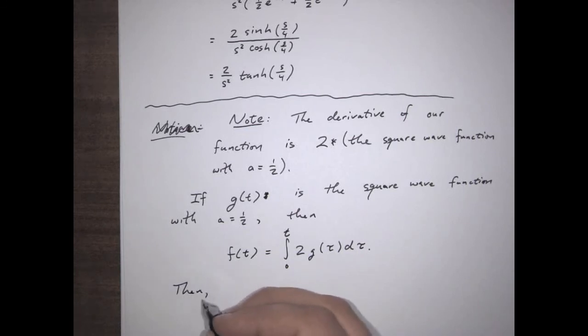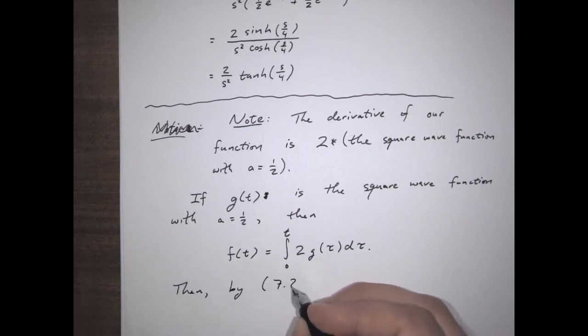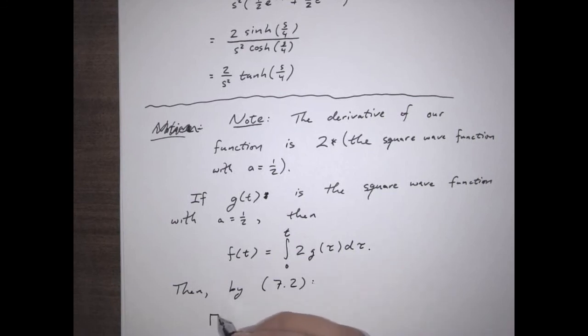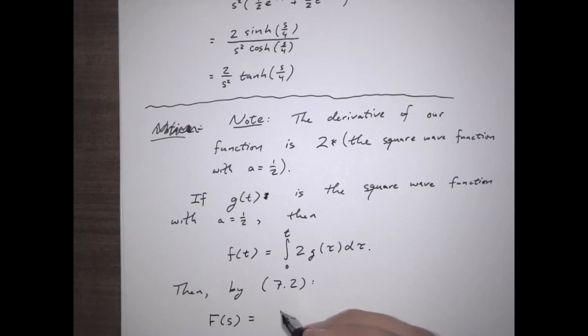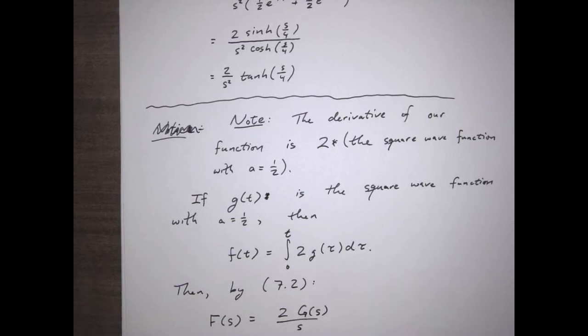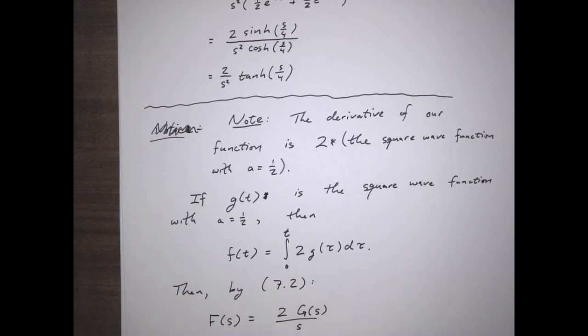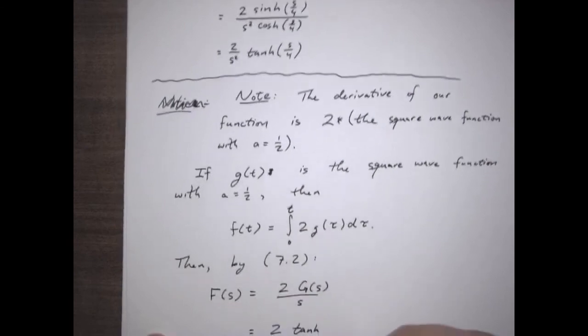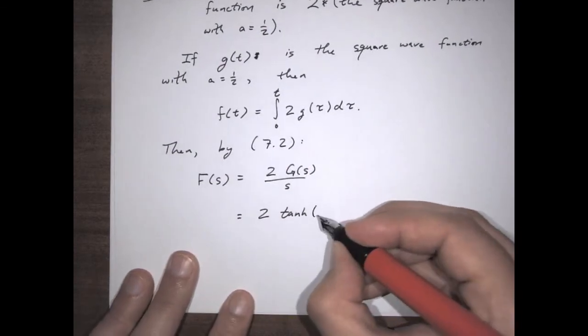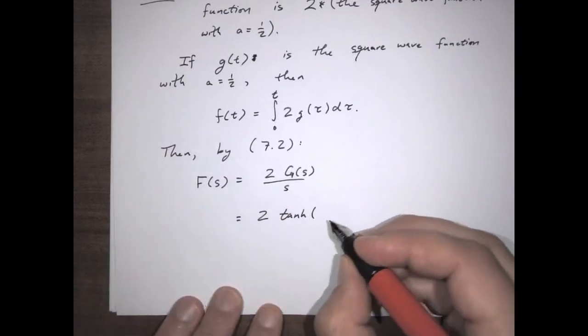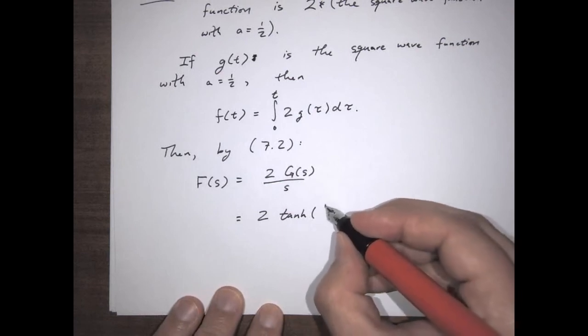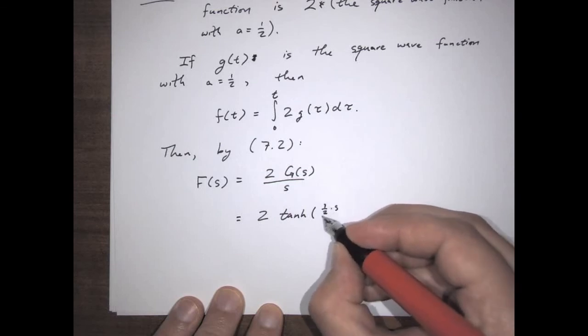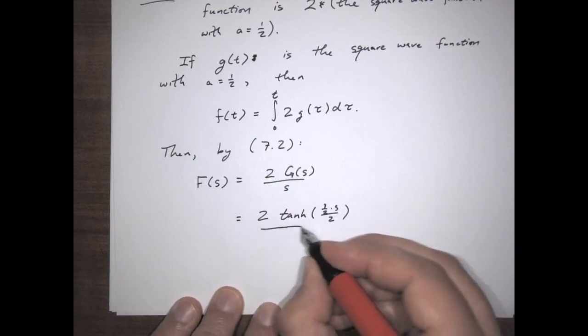Then, by the formula from section 7.2, F of s is going to equal 2 times G of s divided by s, which is going to equal 2 times the hyperbolic tangent, and as we discovered, it's a times s over 2, so that's 1/2 times s divided by 2, all divided by s.